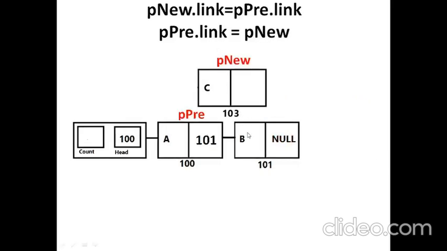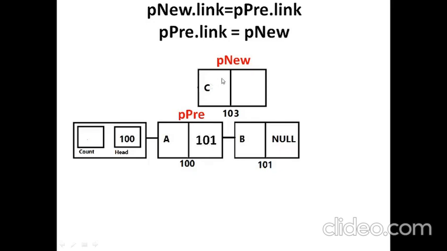Right now I want to insert this node at the middle of the list. So between A and B, which means this is the predecessor and this is the successor, and the pnew has to be inserted right here. The same two lines will facilitate that. What is the first line? pnew.link equal to ppre.link. That means this link equal to ppre.link, which means 101.